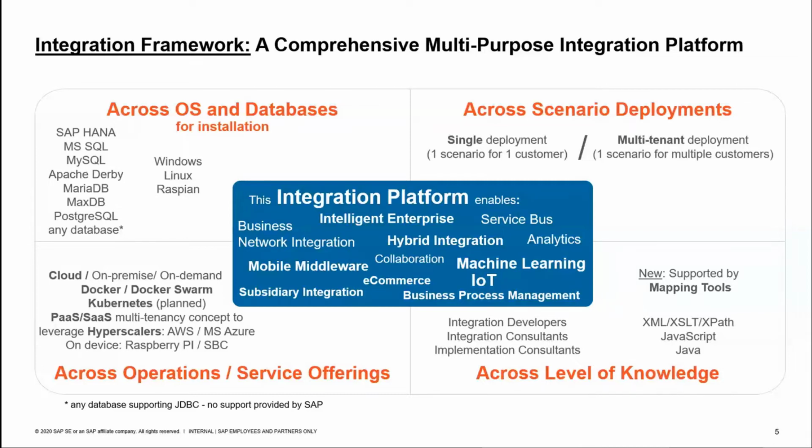How it might be deployed: single deployment, one scenario for one customer. This is the old kind of deployment. It has worked since the beginning, but now it is possible to have a multi-tenant deployment. It means one scenario will work for multiple customers as well.